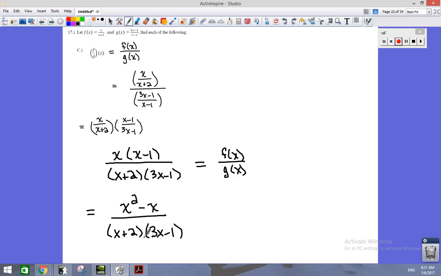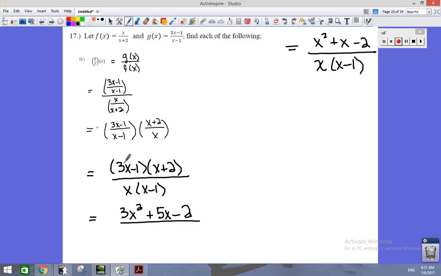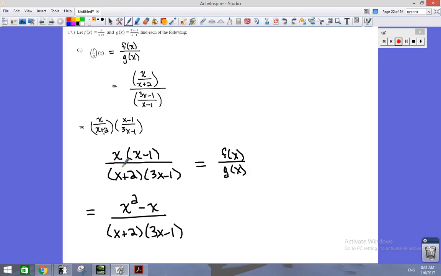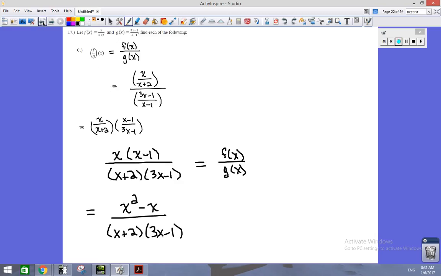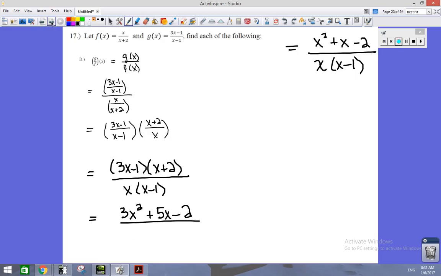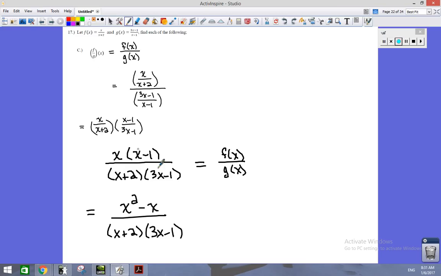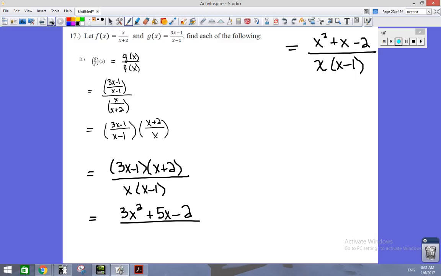That denominator is now my numerator. And this denominator was my new x times x minus 1. Oh, I didn't flip it. When I was sitting there, I just wrote this again, didn't I?